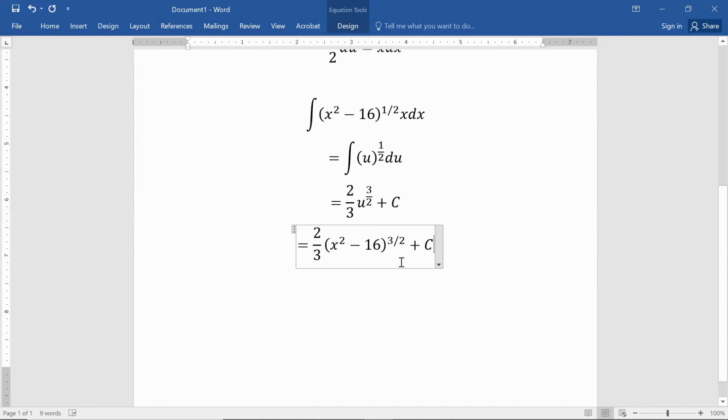Notice that 3/2 power, there's lots of different ways to write that. You could go back to roots and do a square root and then cube the square root. But I think when we have a 3/2 power, it looks a little bit nicer just to leave it as 3/2 power. This is the example of substitution with a square root.